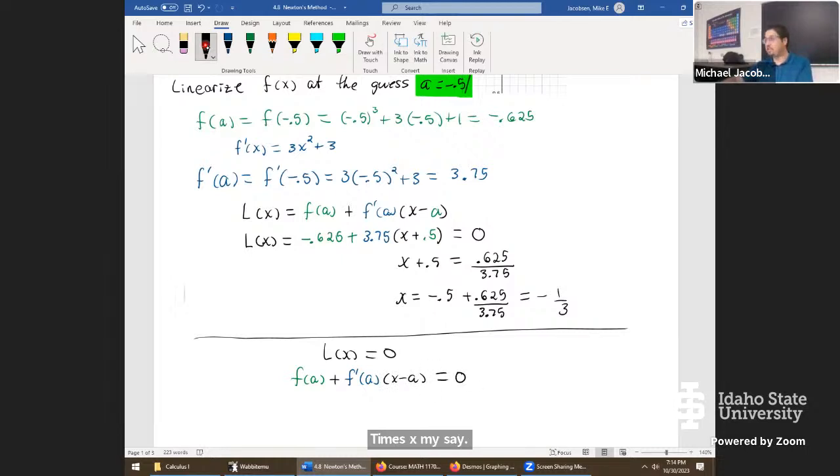And we can solve that essentially the same kind of way. First thing we're going to do is subtract f of a, then I'll divide by f prime of a. So it'll just be an x minus a. We can, in fact, drop the parentheses at that step.